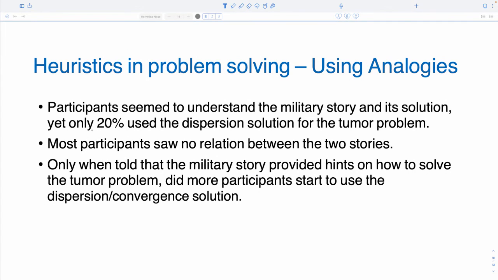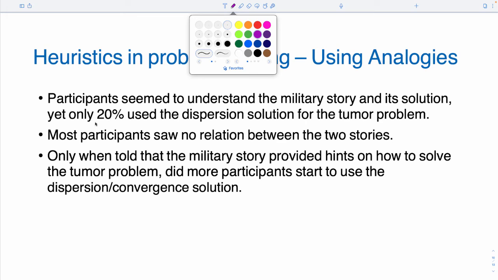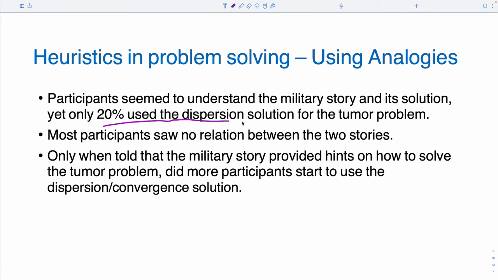Well, only about 20% of participants used the dispersion solution for the tumor problem. So even after being given the military story and its solution, it didn't seem to be enough to really encourage people to use the analogy. Most participants saw no relation between the two stories.